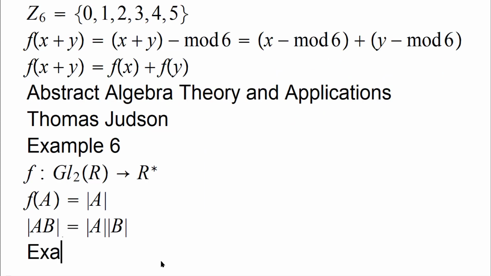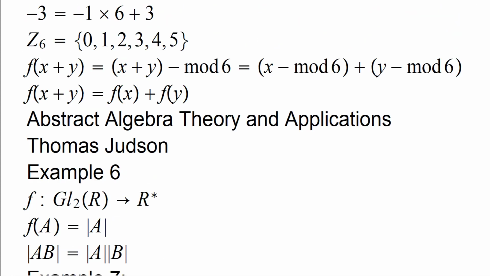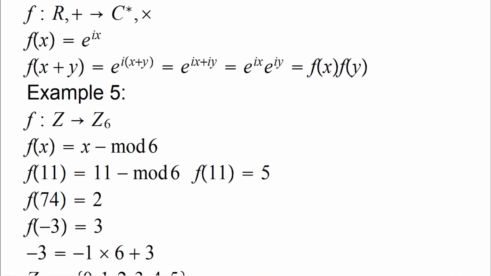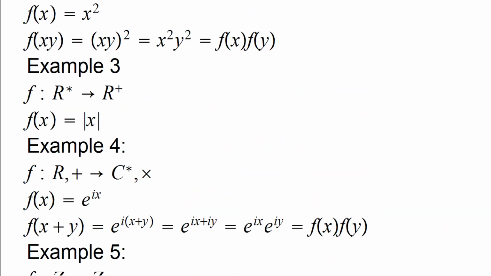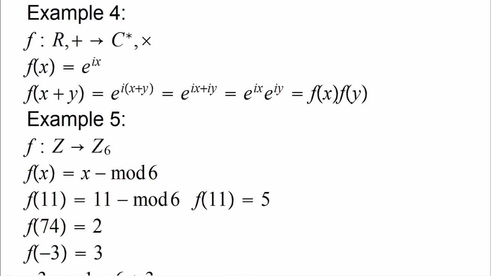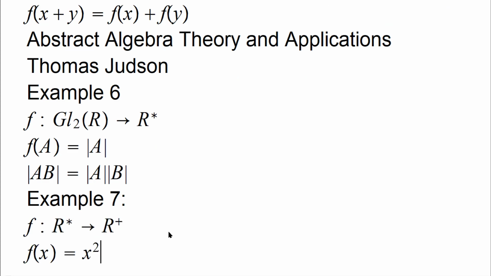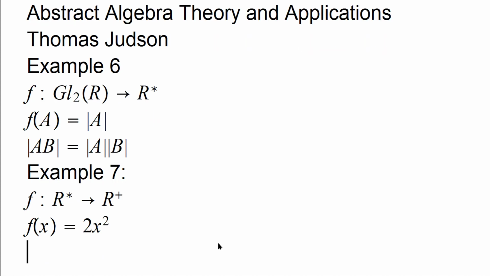Now say you did this, for example, say I made a change in one of the examples that we had, say, this one, okay? So say I changed it to this here, that is f(x) equals, say, 2x squared. All right, okay. And again, by superscript positive, we simply meant positive real numbers.